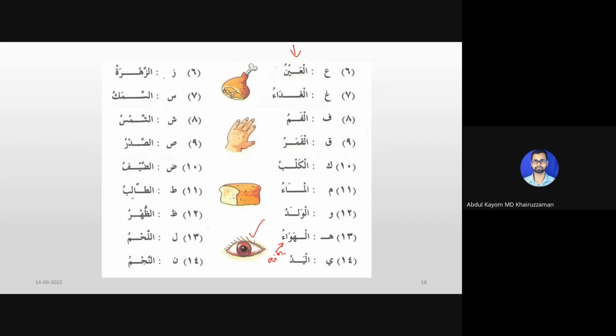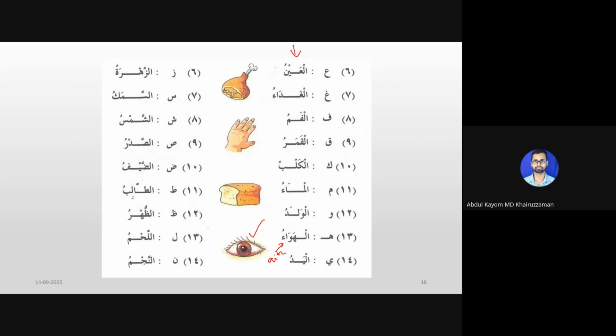Then huruf shamsiyya, we have za. Az-zahratu. Az-zahratu means flower. Sin, as-samaku. As-samaku means fish. Shin, ash-shamsu. Sad, as-sadru. As-sadru means chest. Dad, ad-daifu. Ad-daifu means guest.